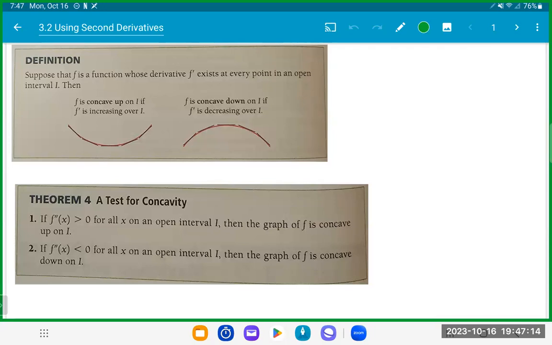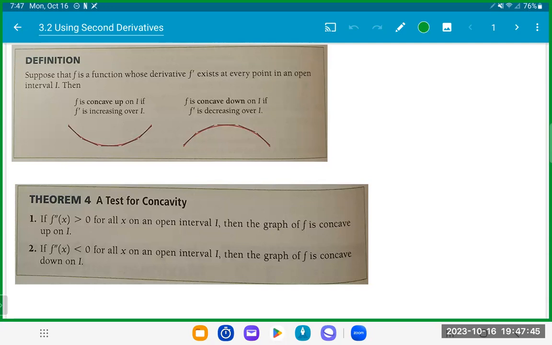I put the definition here for you. Our function is concave up if the first derivative is increasing, and our function is concave down if our first derivative is decreasing over the specific interval.